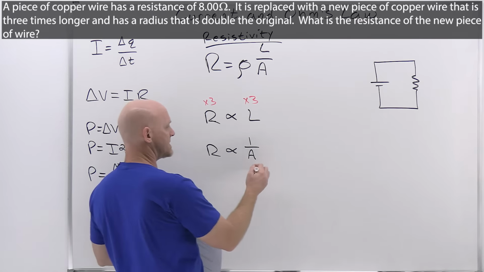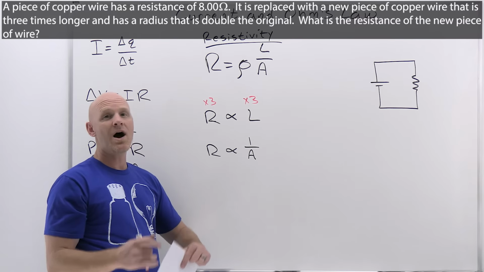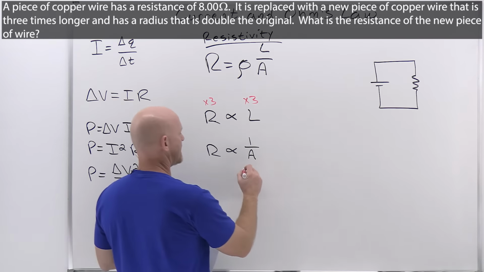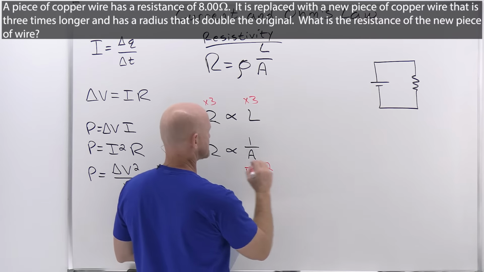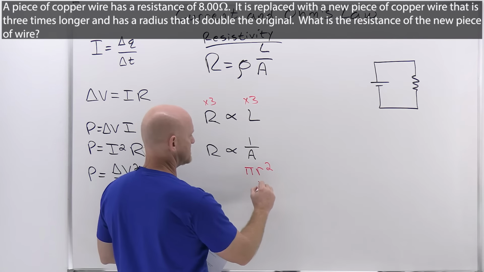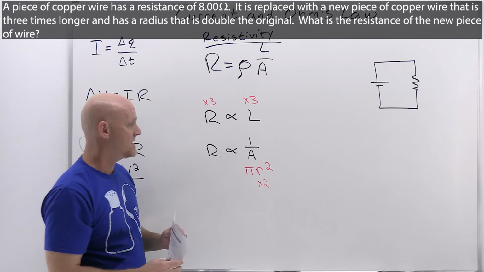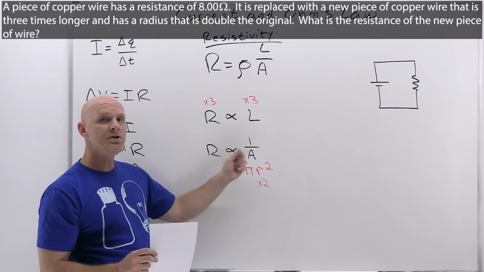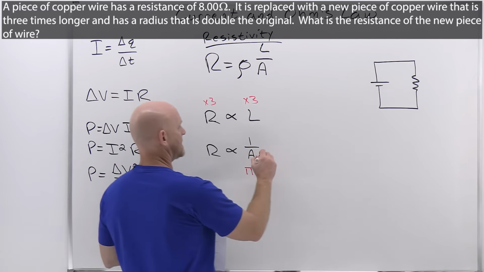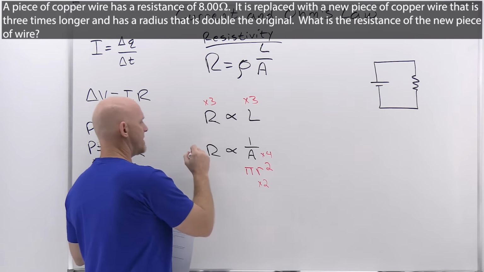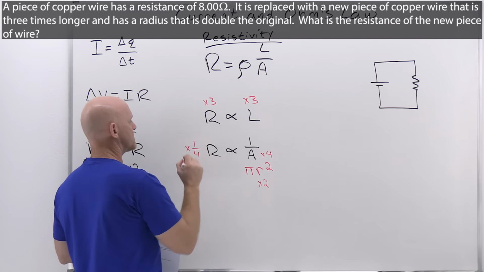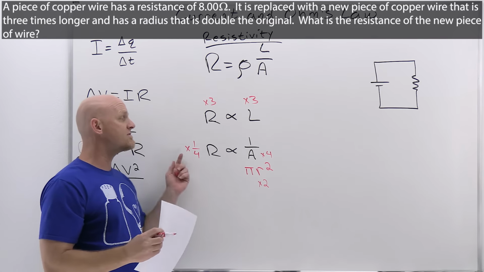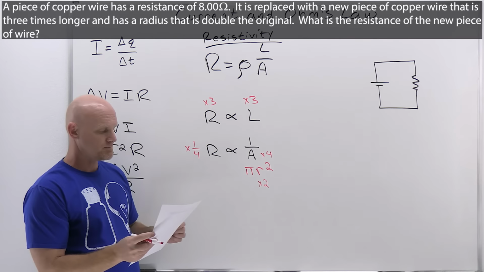Typically a wire has a round cross-sectional area, it's a circle, and that area is pi r squared. And so in this case, if you double that radius, that's going to quadruple the cross-sectional area. And if we quadruple that cross-sectional area, that's going to cut the resistance by a factor of 4. It's going to be a fourth of the value.